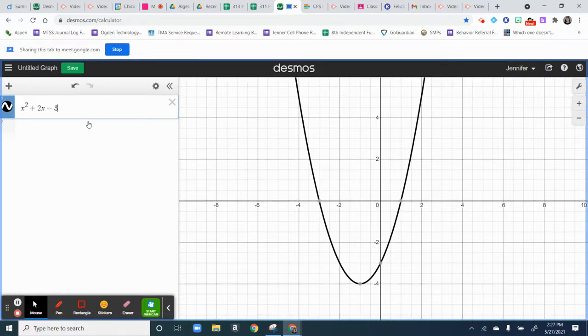And when is this equal to 0? It's equal to 0 at these 2 points. Now, it's a quadratic function. You could factor it. You could use the quadratic formula, or just graph it and find the zeros.